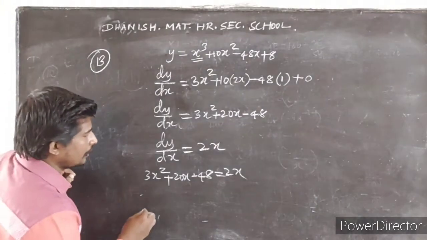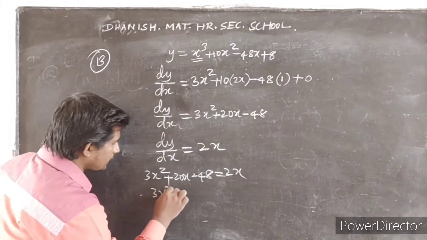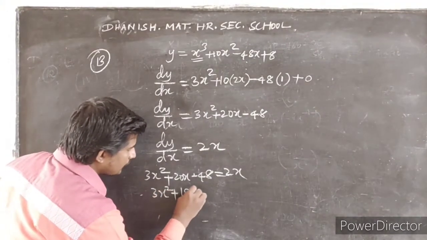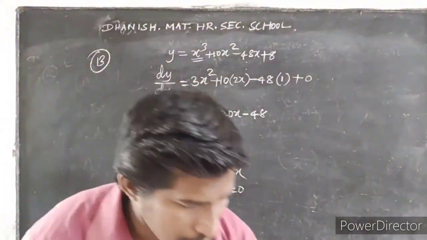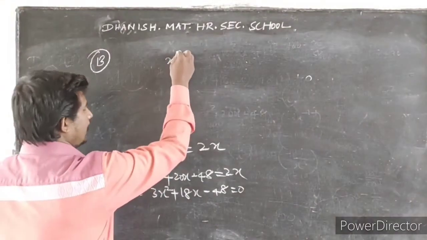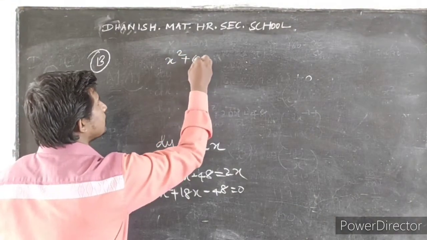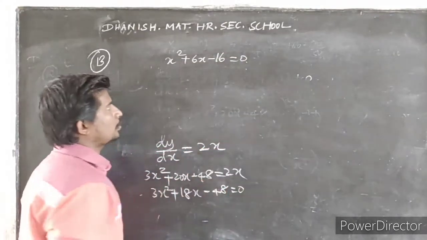Now I am going to bring this 2x into the left side. So we will have 3x square plus 18x minus 48 equal to 0. Now I am going to divide the whole equation by 3. We will have x square plus 6x minus 16 equal to 0.